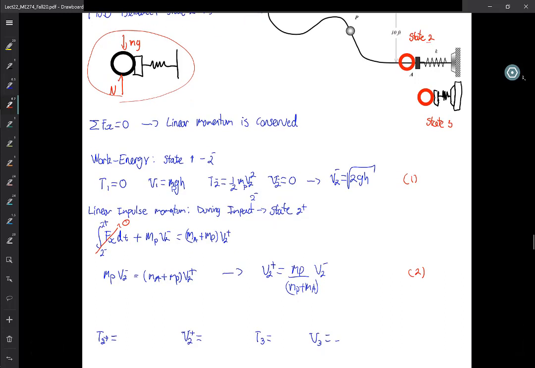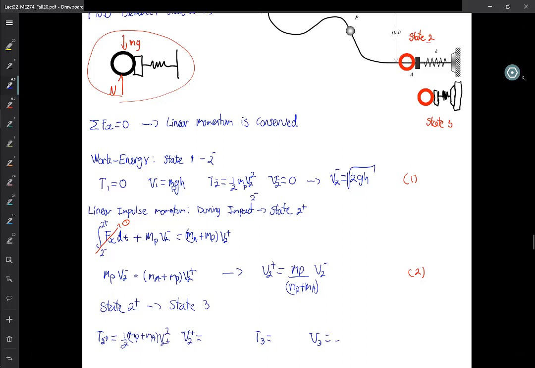And with that, then we can go from state 2 plus to state 3. So at state 2 plus, we have this. Don't forget the mass of the block. That sometimes happens, sorry.